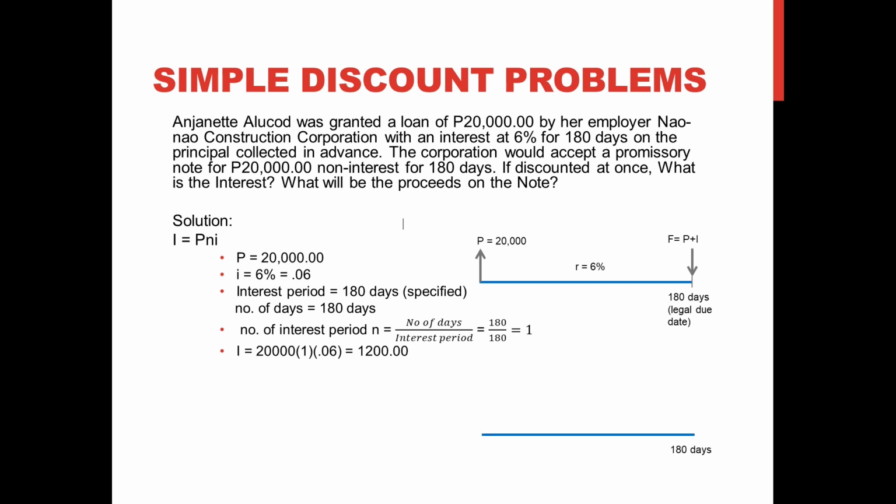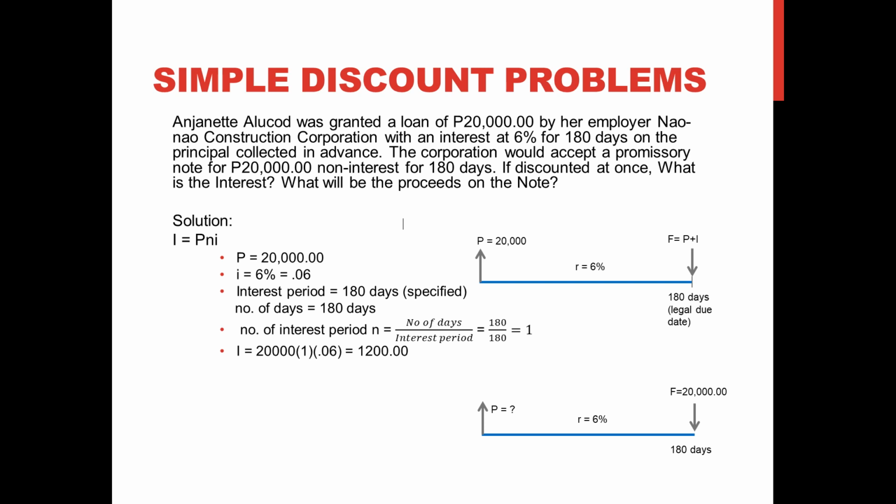So on the condition of the discount or promissory note for 180 days, just the same, we have R is equal to 6%. This time we're gonna set the given 20,000, okay, to the future, because the interest or the discount will be deducted right away at the beginning of the period or at present period.